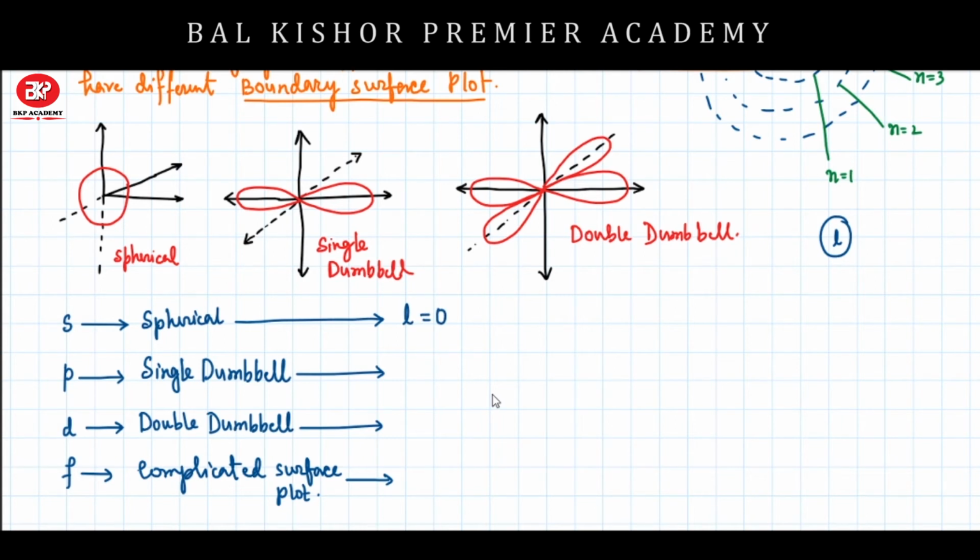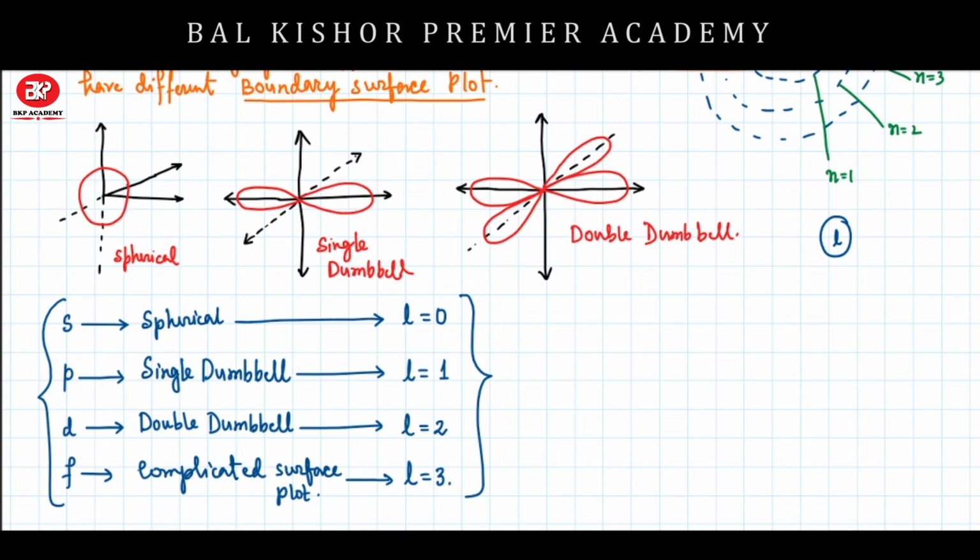For the P subshell, the l value will be 1. For the D subshell, the l value will be 2. And for the F subshell, the l value is 3. So these are the different azimuthal quantum numbers for the different subshells S, P, D, F.